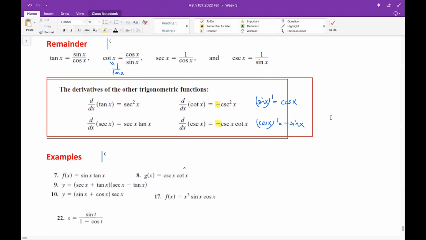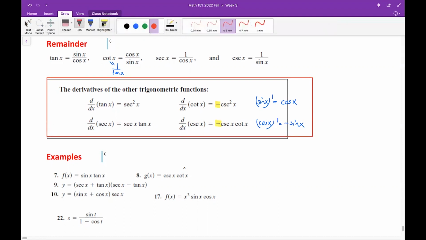And I want you to notice, just as a nice hint, all the functions starting with co, cotangent, cosecant, cosine, have a minus sign in their differentiation rules. And the other ones don't have that minus sign, okay? Let's start applying these rules together.